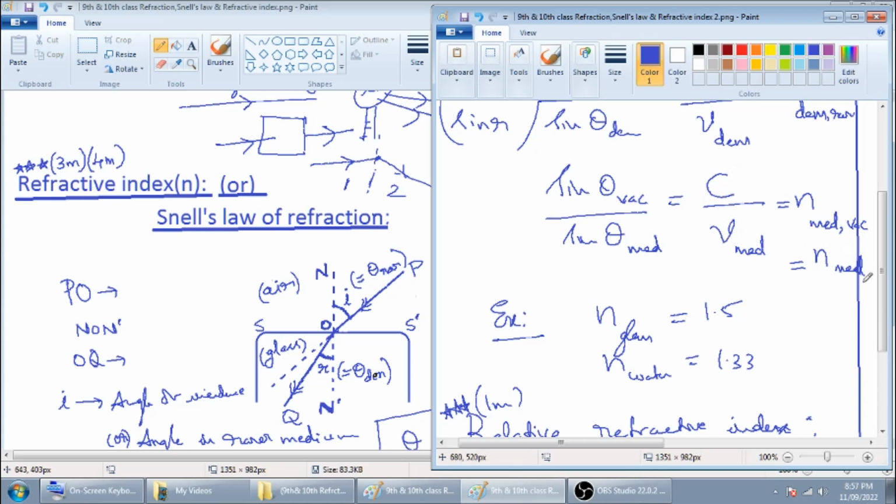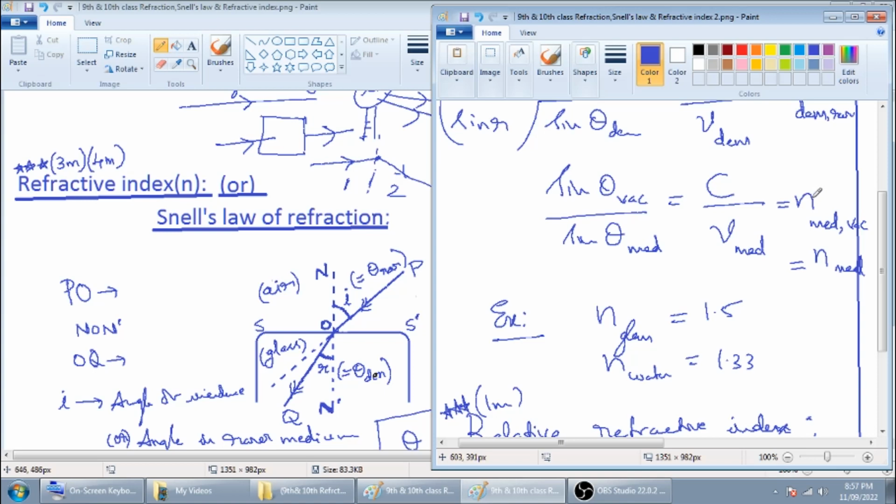When the medium changes, for example if we consider the absolute refractive index of glass or of water, only the denominator changes. In a very dense medium, light travels very slowly, so the velocity of light in that medium will be very low. When velocity is very low, the denominator decreases, so the value of the ratio, which is n, the refractive index, increases to a very high value.